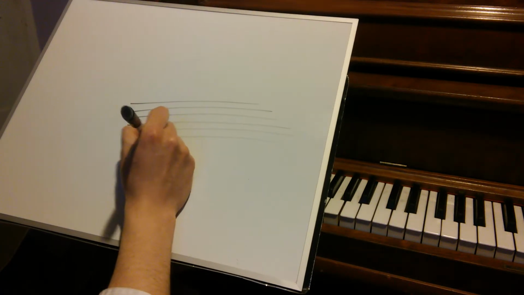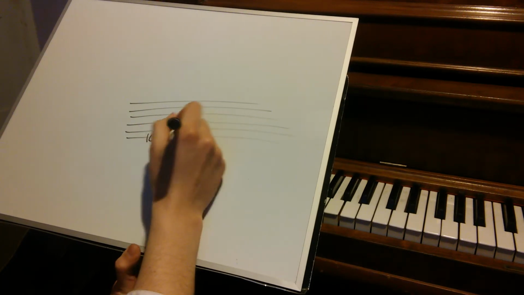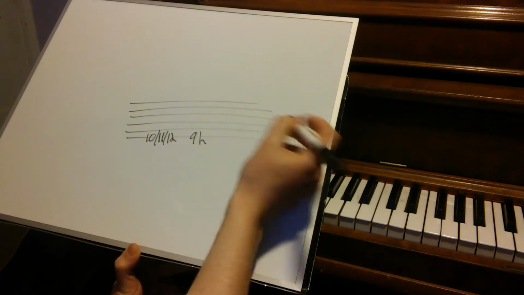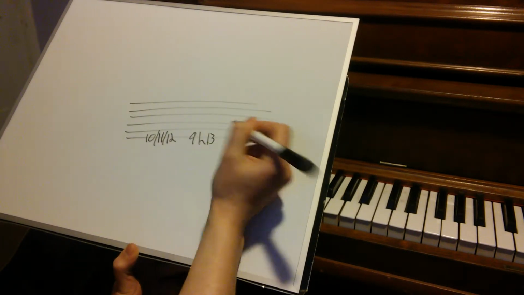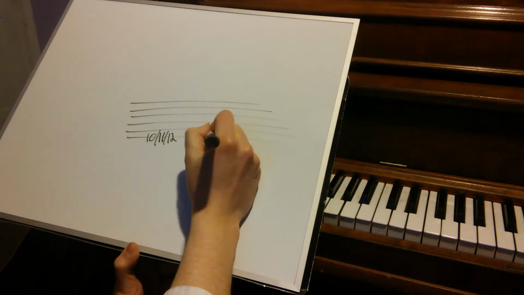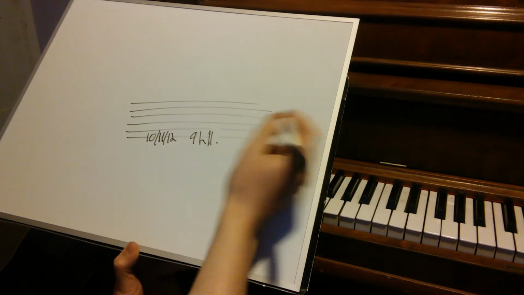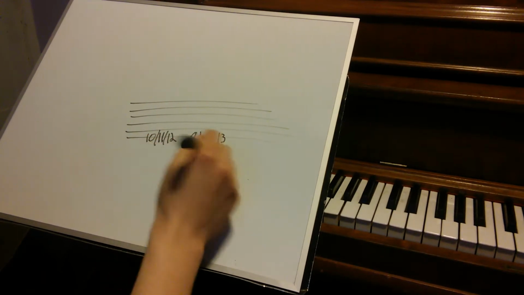For example, if you've got a progression that's 10, 11, 12, 9, hammer on 13 or so. Let's say 9, hammer on 12, or 11 even. And then you're playing a 13, something like that. Now this all gets bunched up together.